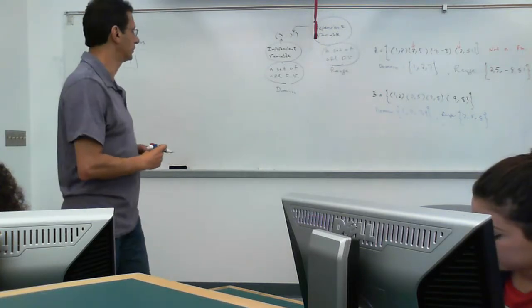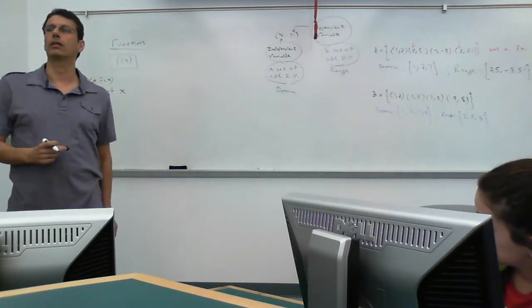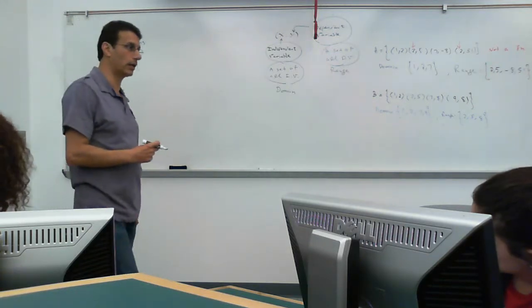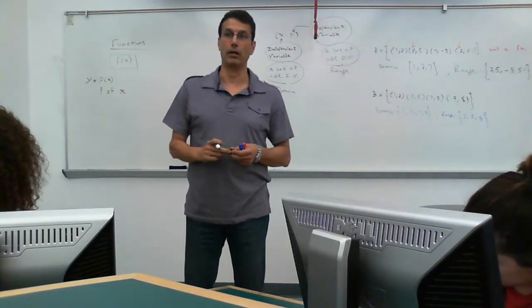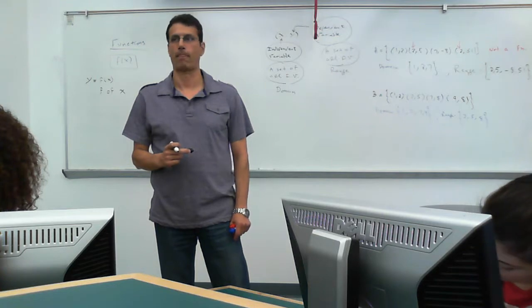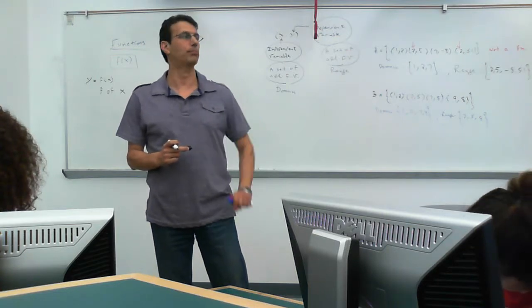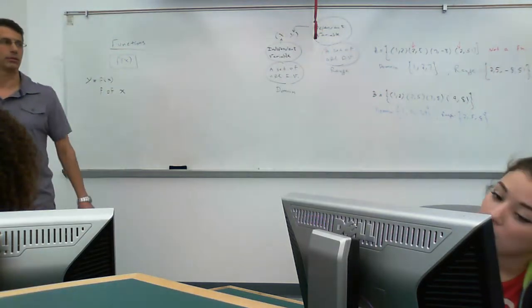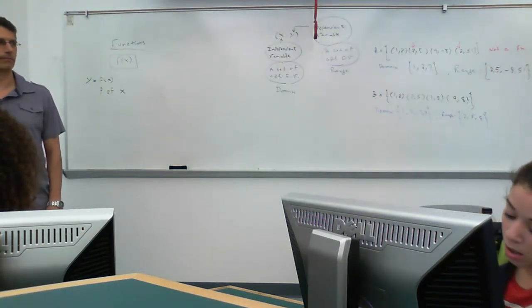For example, when we looked at lines, there were 3 different ways to look at them, and we're going to have a lecture on that also. One of them is the standard form. Another is the point-slope form.